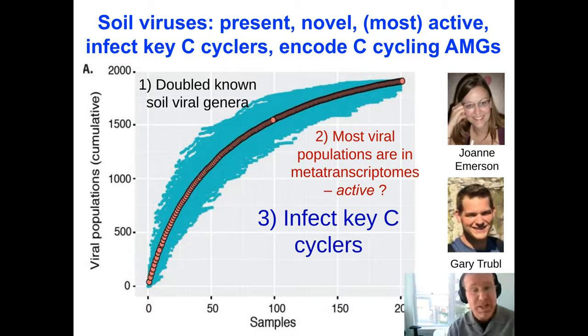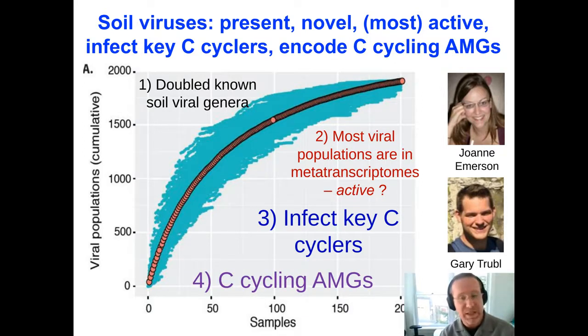Beyond them being active, it looks like they're predicted to infect a lot of the key carbon cycling microbes, and they can even encode carbon cycling auxiliary metabolic genes, like the photosynthesis story I mentioned for the oceans. So it seems like soil viruses should be playing important roles, and we're now trying to build this new biology information into predictive models.